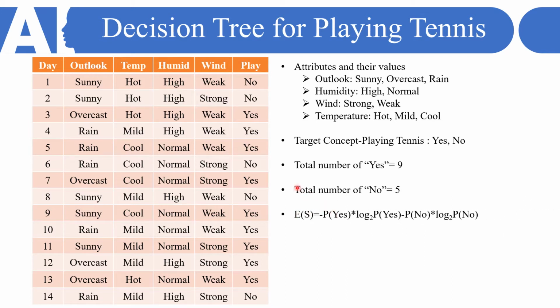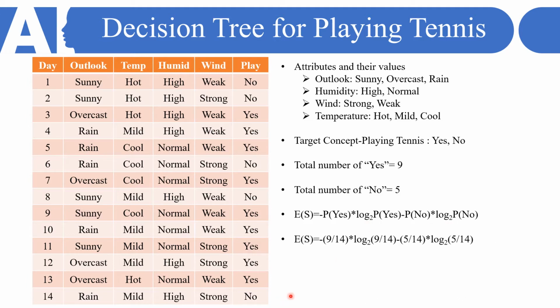So now we can find out the entropy from this. The entropy of S is equal to the probability of getting yes times its log, minus the probability of getting no times its log.